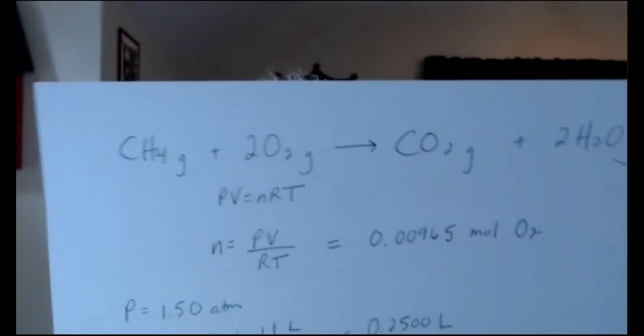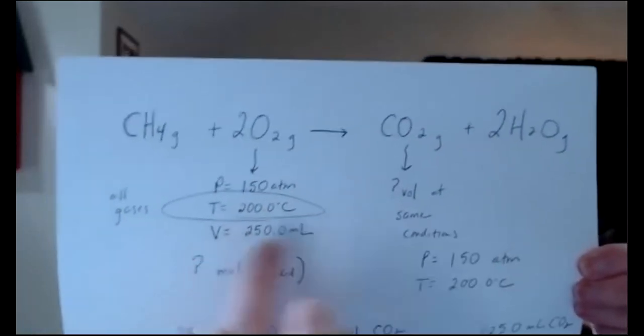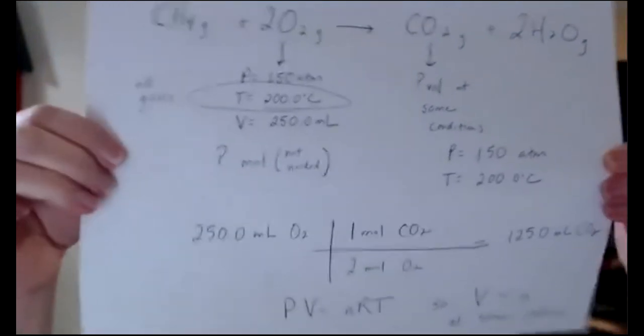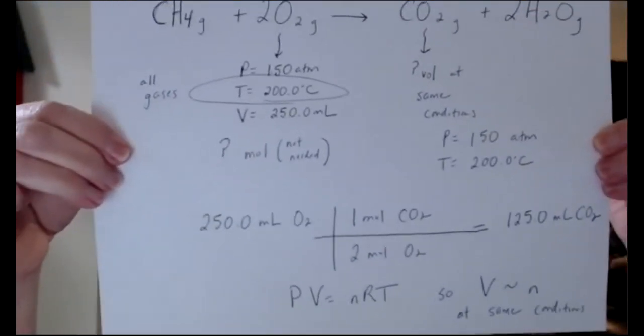This is called the long way, or you can now know, hey, if you're comparing two gases at similar conditions, just use the mole ratio on your volume. Questions? You can only do that if you're comparing two gases. I'm going to do another example because I want to make sure y'all know this.